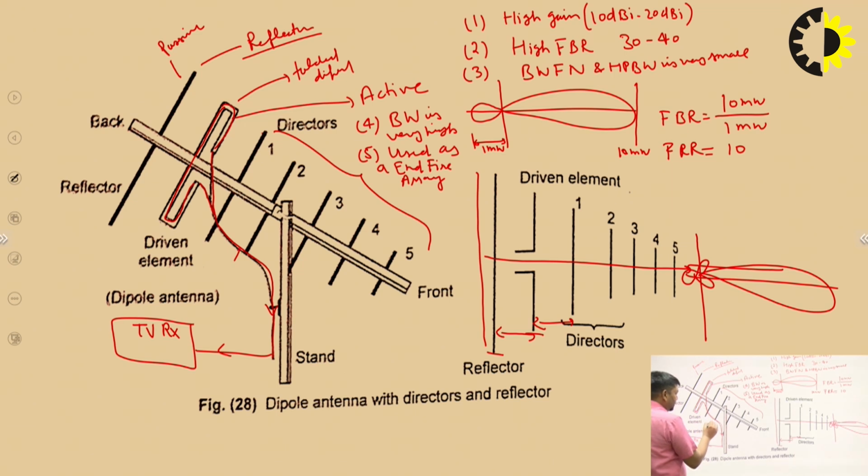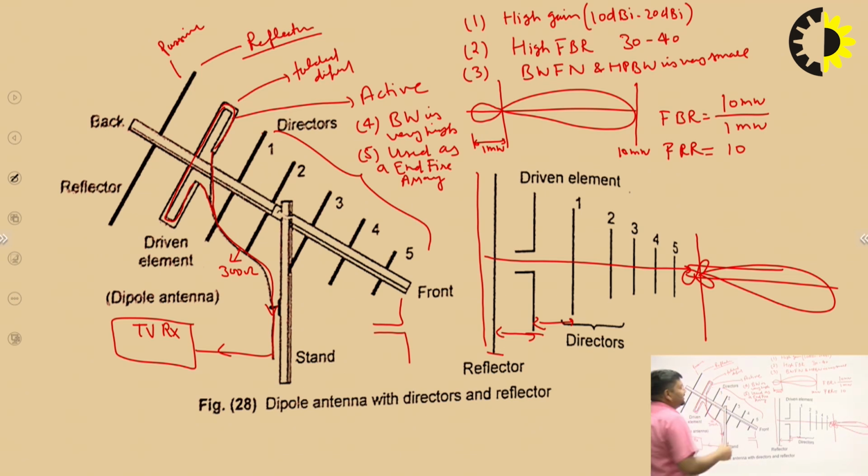This cable has an impedance of about 300 ohm, but a single half wave dipole antenna has an input impedance of 73 ohm, or we can say the radiation resistance is 73 ohm.